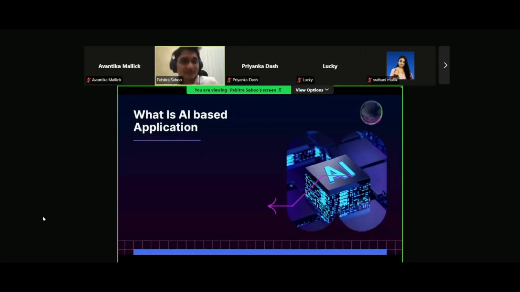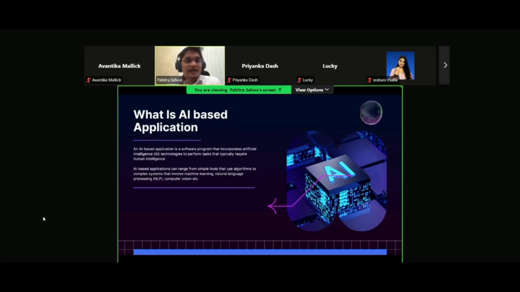Before jumping into the penetration testing, let's understand what is an AI based application. An AI based application is an application or software that is incorporated with artificial intelligence. Artificial intelligence is a technology to perform activities that typically take human intelligence.